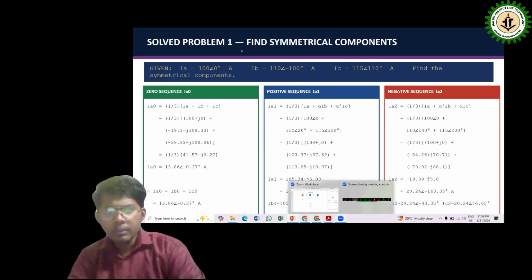Here one example, a numerical example, is given. In this example, IA, IB, and IC values are given. IA means the phase current of A, phase current of B, and phase current of C are given.